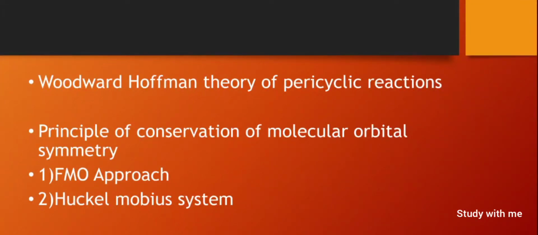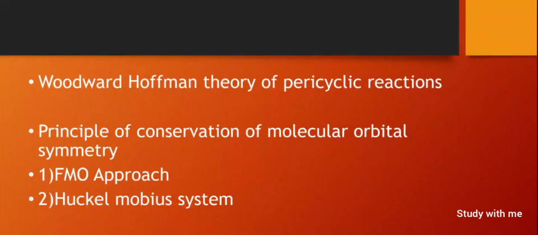In the case of the FMO approach, there are some rules. These rules are based on an analysis of molecular orbitals of reactant and product of the concerned concerted reaction, which is simplified by the application of the Frontier molecular orbital theory. And in this, we consider only two molecular orbitals, called Frontier molecular orbitals, of the reactants.